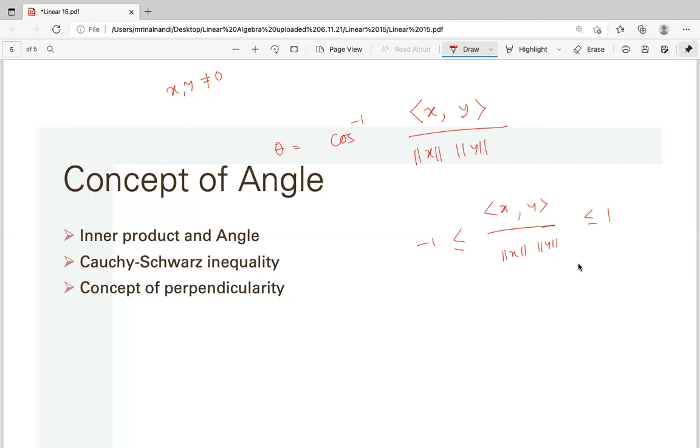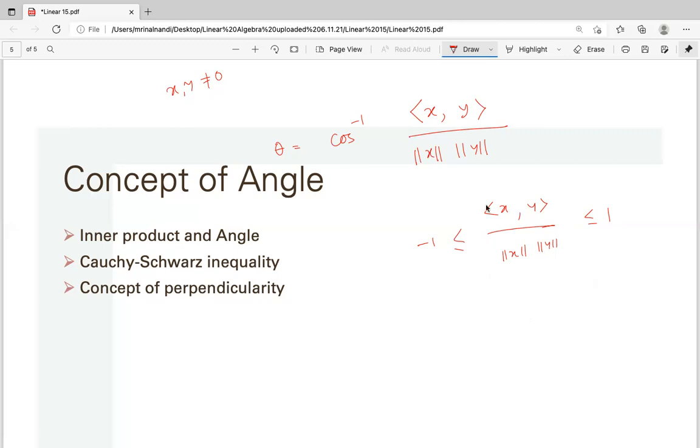Once you define the inner product, you define the norm. Now you have to prove the Cauchy-Schwarz type of inequality. So in a general inner product space, you can prove that this quantity lies between minus 1 and 1, and this is called the Cauchy-Schwarz inequality for general inner product spaces.